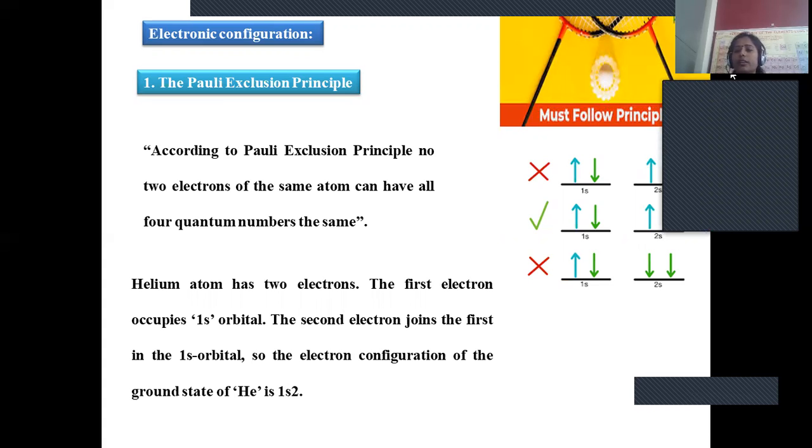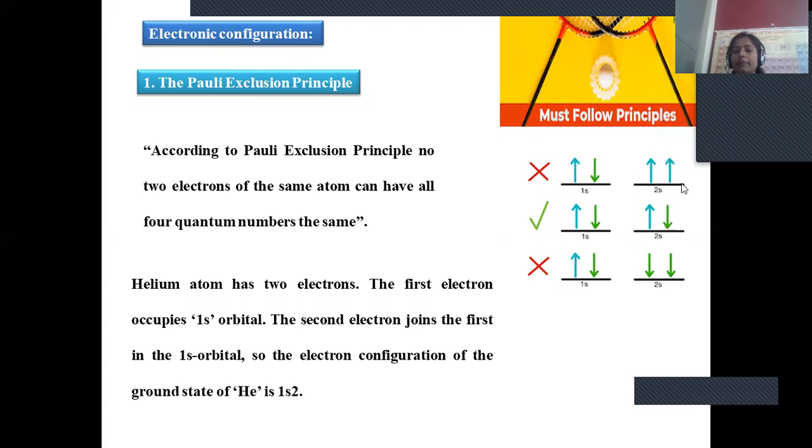If you go with a 4-electron system, for example, what will it be? Beryllium. I'm taking the example of beryllium. Filling electrons in a parallel manner into a shell is not at all possible in accordance with Pauli's exclusion.